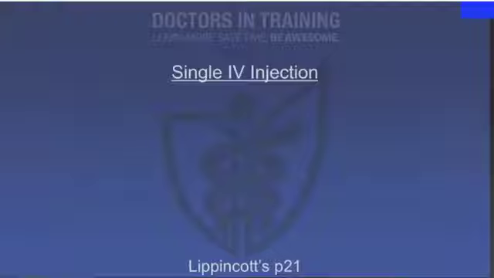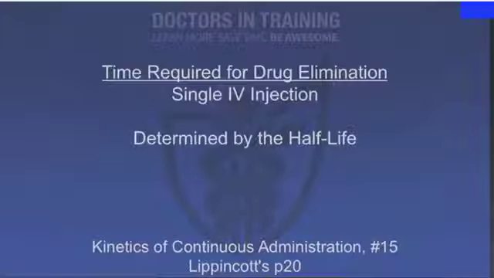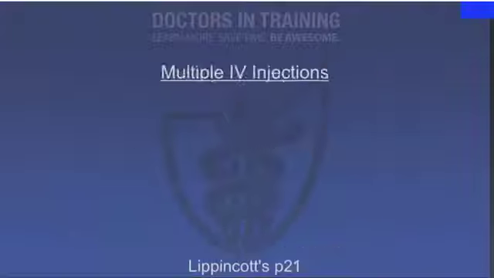And obviously, this is how oral drugs work. So if you give a single IV injection, the dose that you've given doesn't really affect how long it takes to clear the drug. Remember, we said only the half-life determines how long it takes to clear the drug. So if you're giving multiple IV injections, we're assuming that you're going to give the drug more frequently than 5 half-lives.